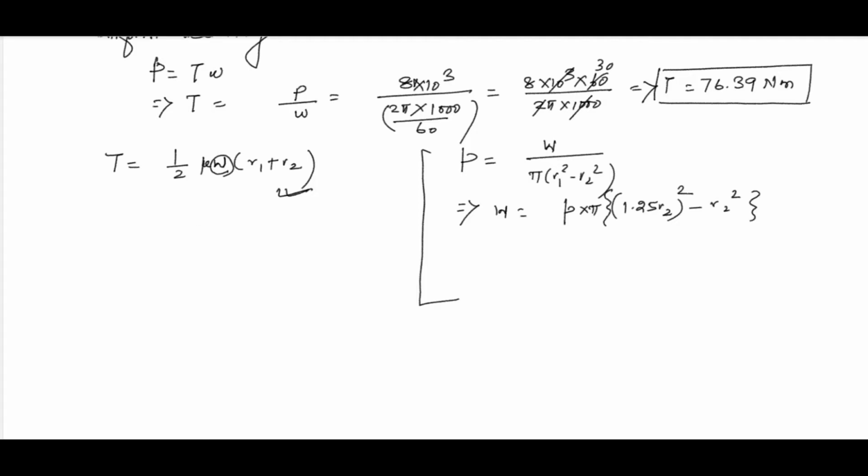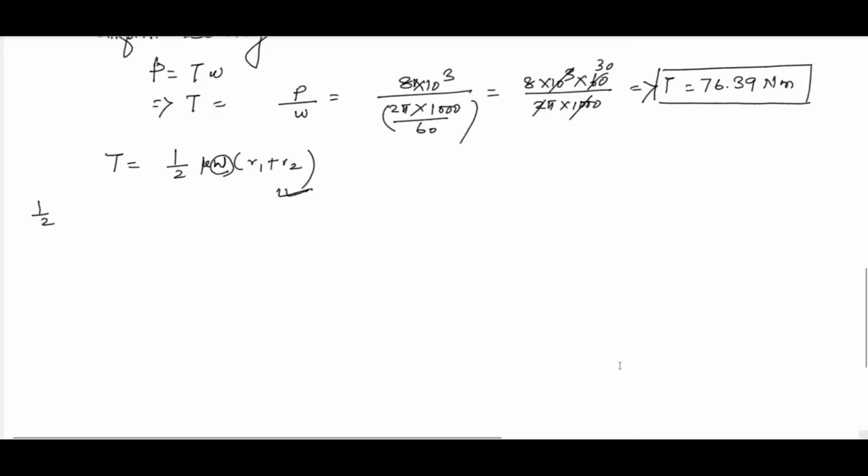So you'll have this T is equal to half. So we know that the pressure will be minimum at the outer radius, so we will use this relation that W is equal to 2 pi into P R1 (R1 minus R2).